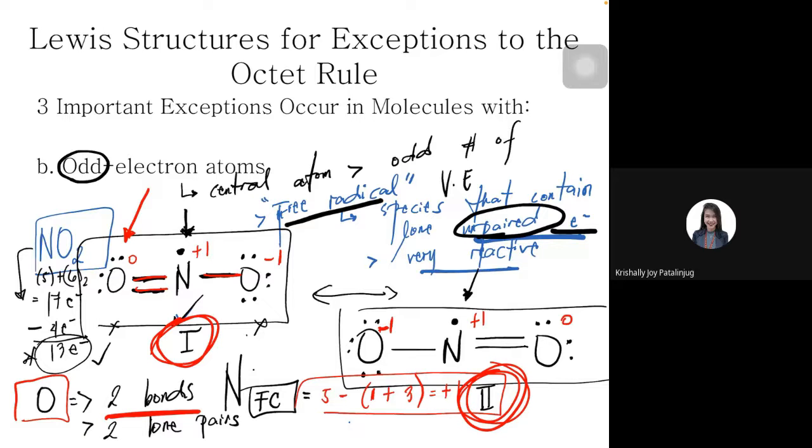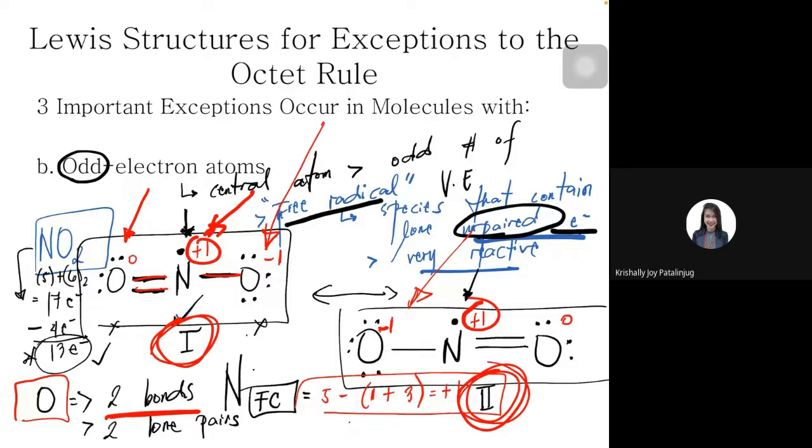'Di ba? Merong nitrogen atom na nagke-carry ng positive 1 charge, meron namang isang oxygen na nagke-carry ng negative 1 charge. So question, which of the two structures is or are more contributor to the resonance hybrid? Okay, both.